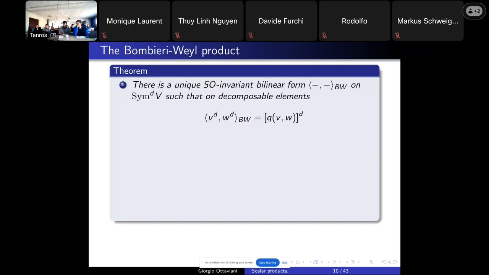Let's do just a concrete case. Study Sym^5 C^3. This was studied by Hilbert, more or less in the same period when he produced a paper cited by Monique about sums of squares.